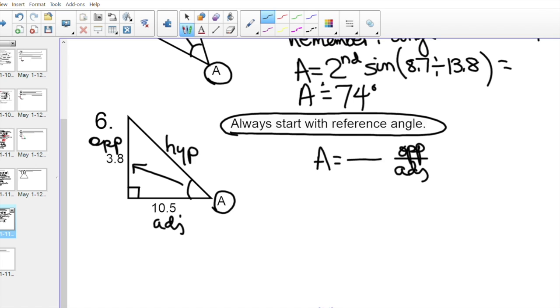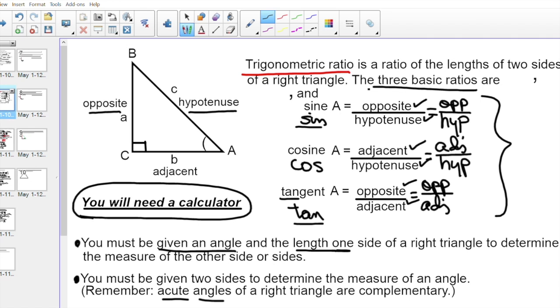Now, you could put adjacent over the opposite, but if you go back to our basic functions, which one of them is adjacent over the opposite? Well, none is. This is the opposite over the adjacent. Now, we do have a name for this inverse. It is called cotangent.